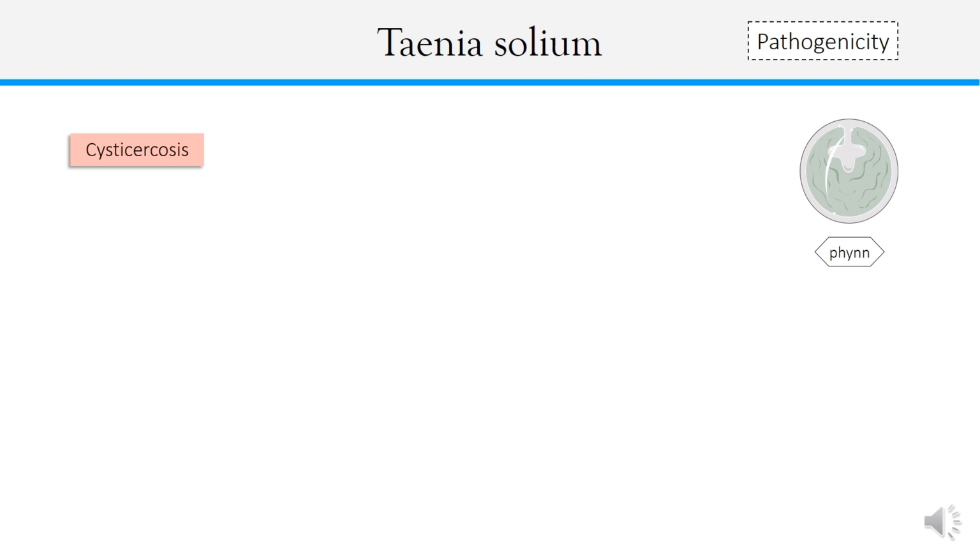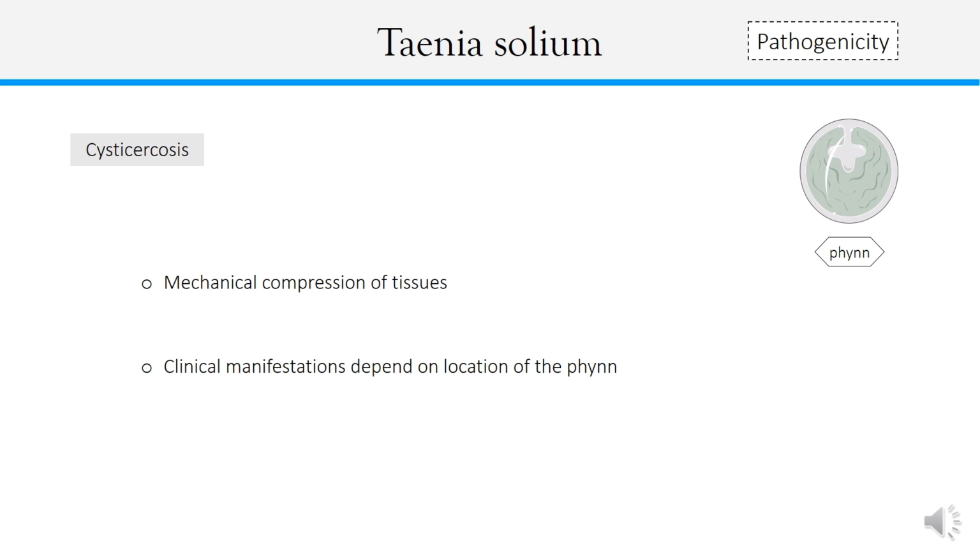One of the main pathogenic mechanisms is mechanical compression of tissues, and clinical manifestations will depend on the location of the fin. For example, you may imagine how dangerous it may be if this fin is located inside of the brain.